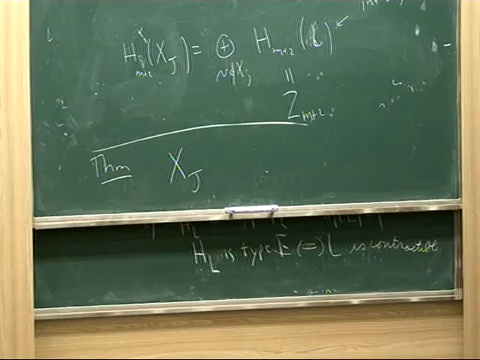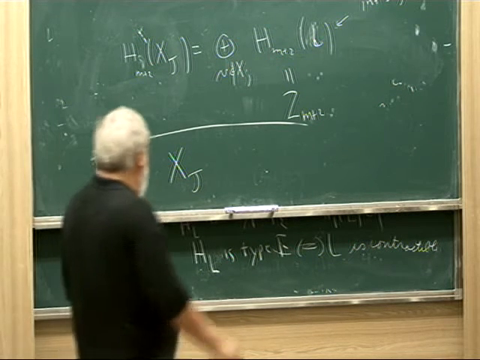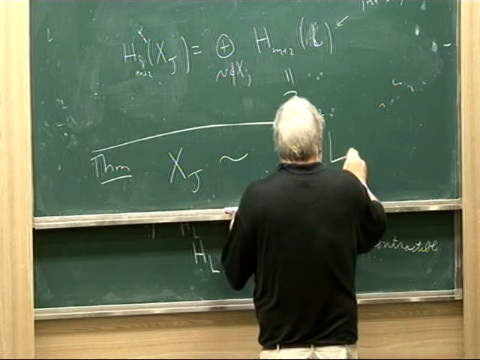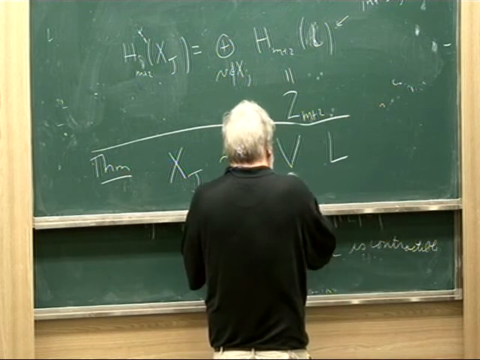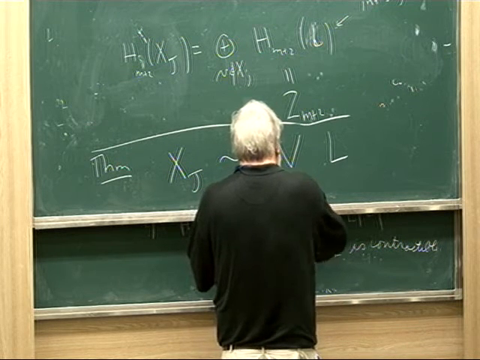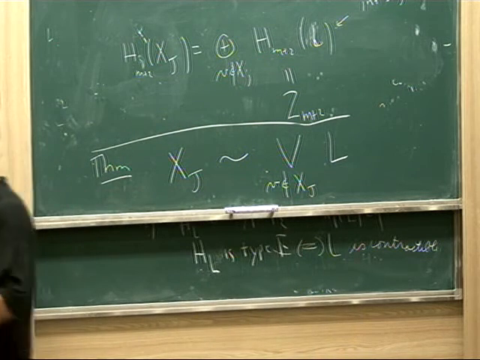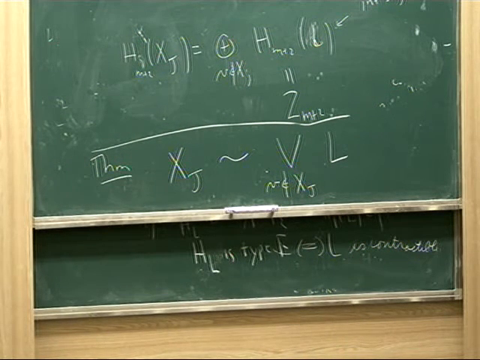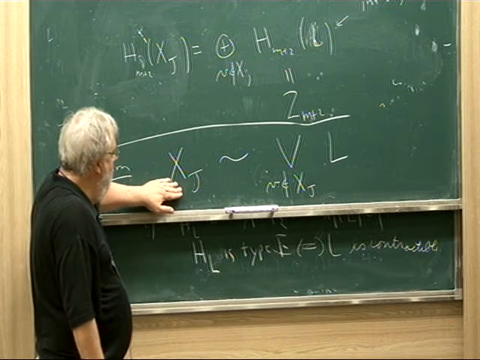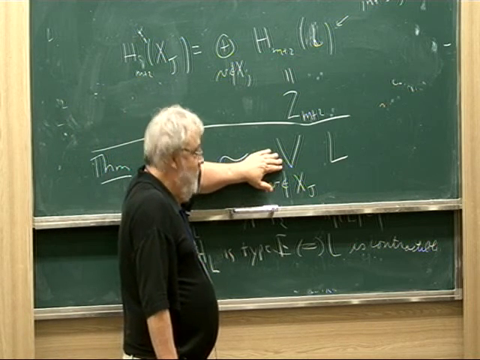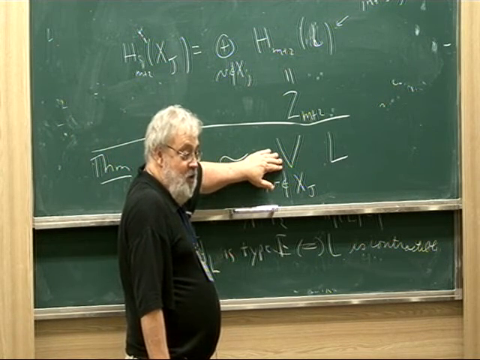Finally, Xj is homotopy equivalent to a wedge of copies of L, over all vertices not in Xj again. So by more or less the same reasoning, this says that if L is not simply connected, the fundamental group of this Xj is not 0.